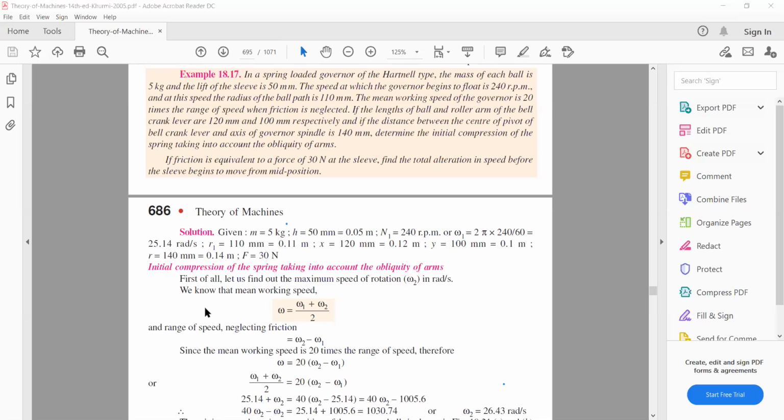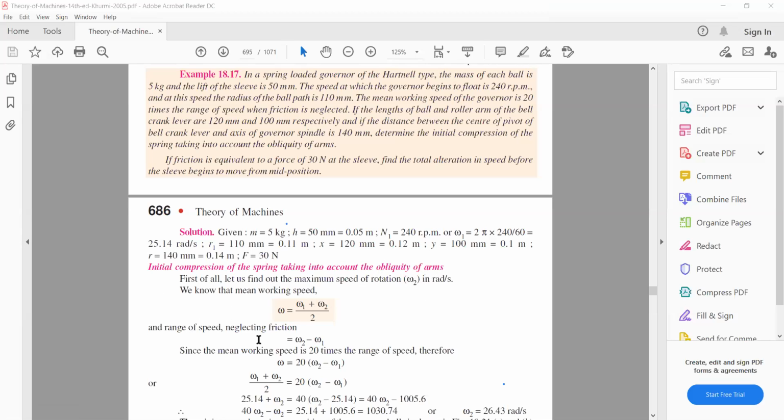Now we are going to calculate the first determining value, that is the initial compression of the spring, taking into account the obliquity of the arms. So now we know the mean working speed. How do we find the mean working speed? That is omega 1 plus omega 2 by 2.